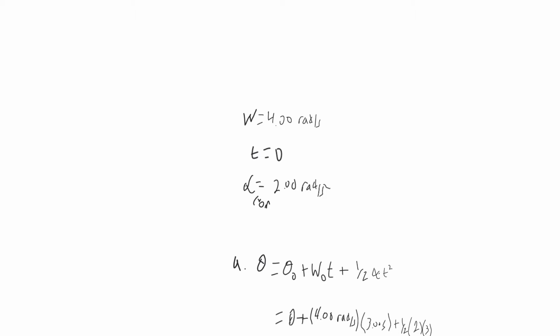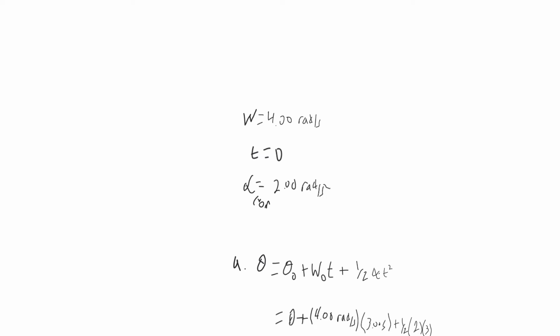Now it's asking us to find at what angle this spoke is with the positive x-axis at time equals 3 seconds. So they're asking us for an angle at the time of 3 seconds, right?